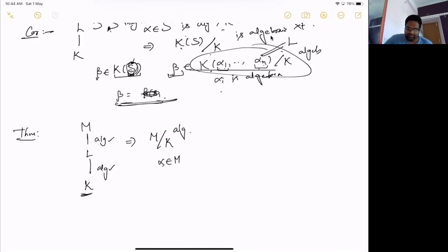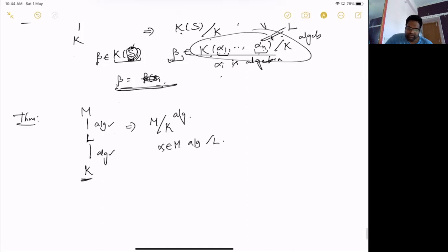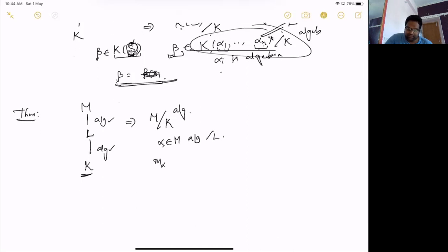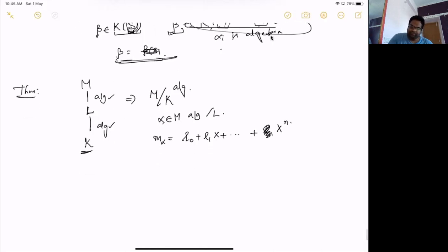So if alpha belongs to M, then alpha is algebraic over L. And therefore, there exists a minimal polynomial m_alpha, of the form L0 plus L1 x plus ... plus Ln x^n, which is the minimal polynomial of alpha, where Ln is equal to 1. Okay, let's put it as 1, it doesn't matter.